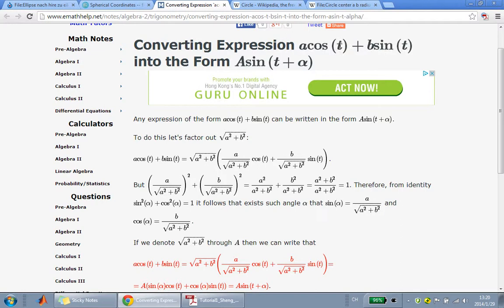Here t is the parameter in the parametric representation, for some constants a and b. Now the question becomes how to get the minimum value of a function like this.